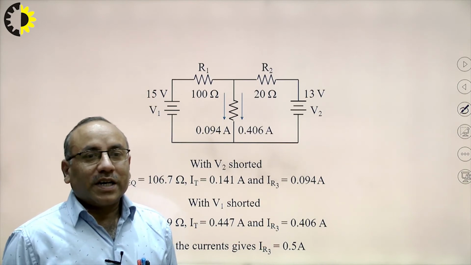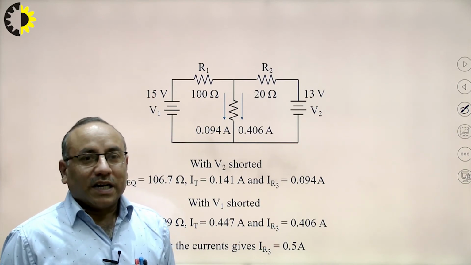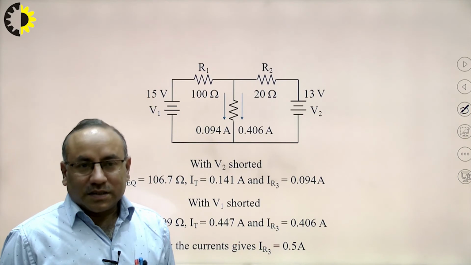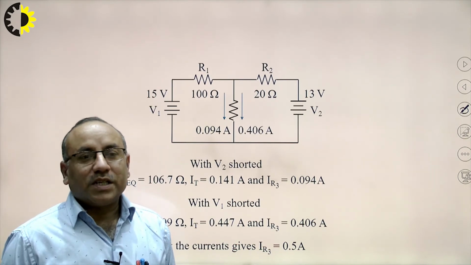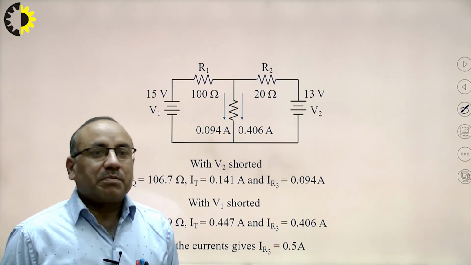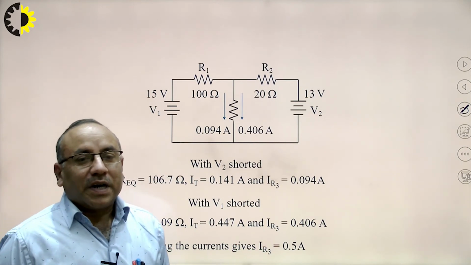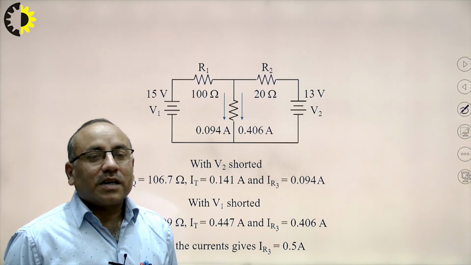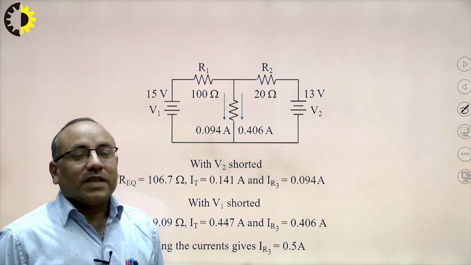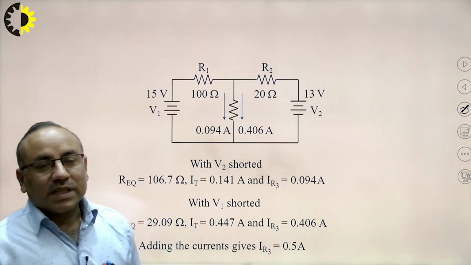So the resultant current through R3 will be the sum of these two, 0.094 ampere plus 0.406 ampere, and that comes out as 0.5 ampere. So this is the current through R3 with the help of the superposition theorem.